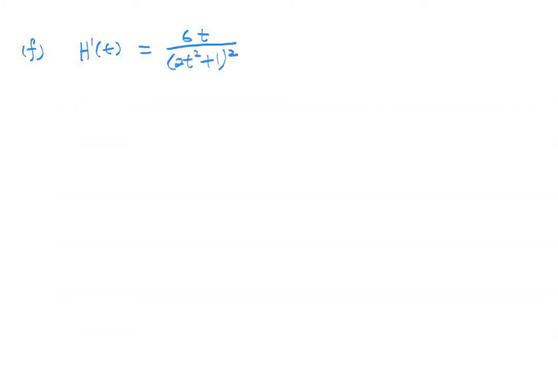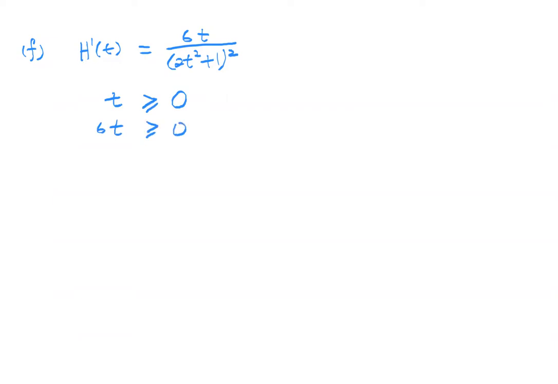So they say, show that h prime t is greater than 0. So I start with t greater than or equal to 0. So 60 will be greater than or equal to 0.